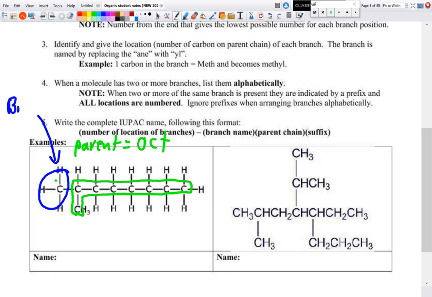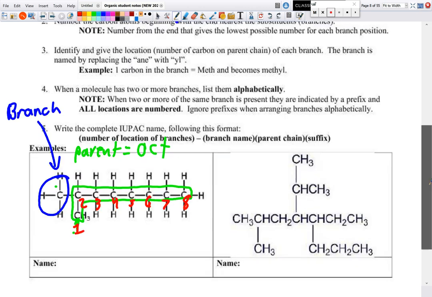So when we look at our carbons, if we start on this side, 1, 2, 3, 4, 5, 6, 7, the branch is on carbon 7. Not what we want, because if we start here and go 1, 2, 3, 4, 5, 6, 7, 8, our first branch is on carbon 2, which is the lowest number. So this is how it needs to be labeled.